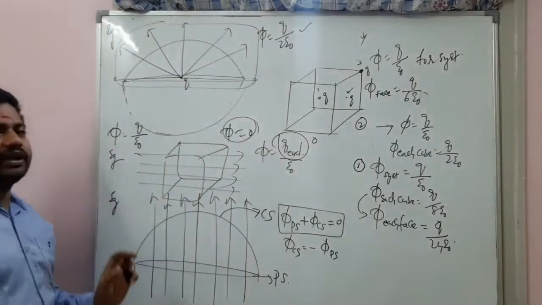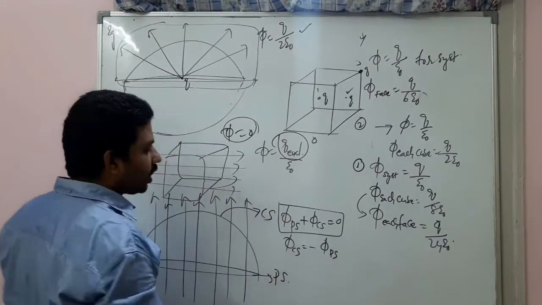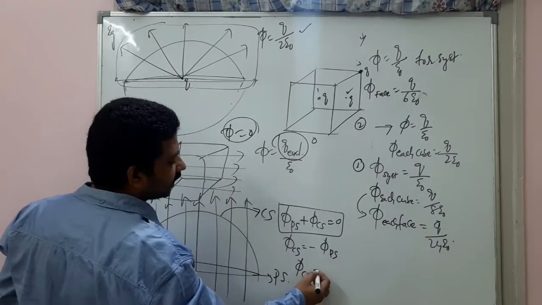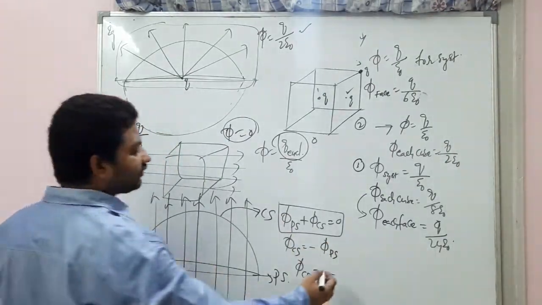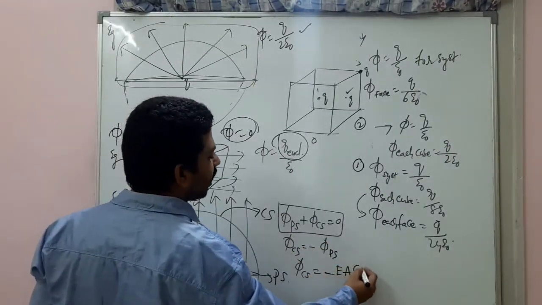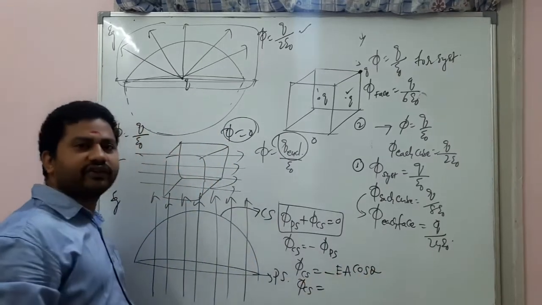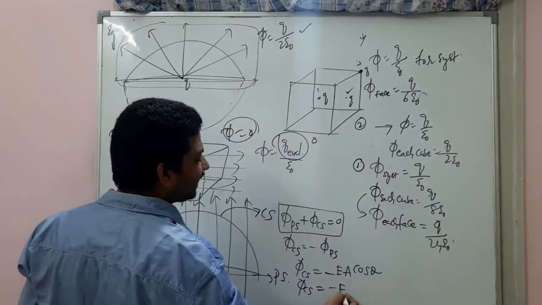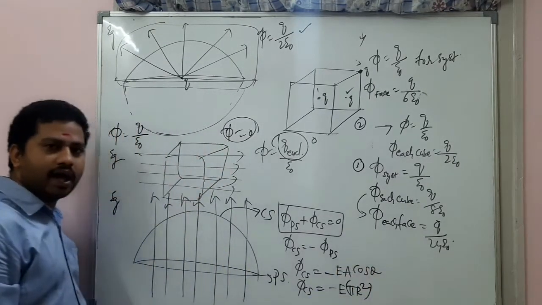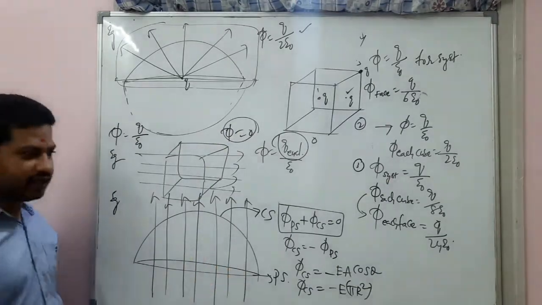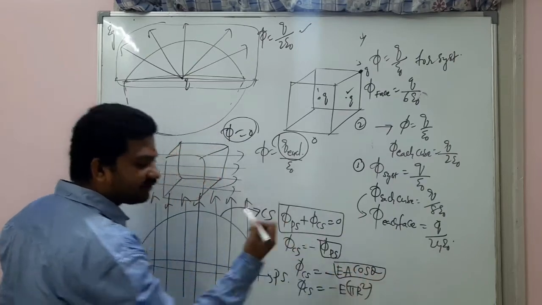This is the diagram they give, and they ask you to find the electric flux linked with the curved surface. The electric flux linked with the curved surface is equal to minus the electric flux of the plane surface, and you know the formula: E A cos theta. Carefully observe: it is minus E into area, pi r square, into cos theta. I am writing the expression for this plane surface.